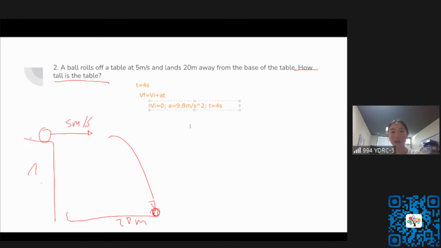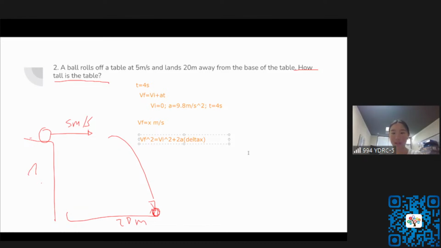So then just find v final. Just say, for example, we can assume that v final equals x meters per second.